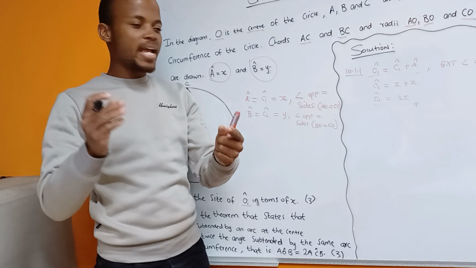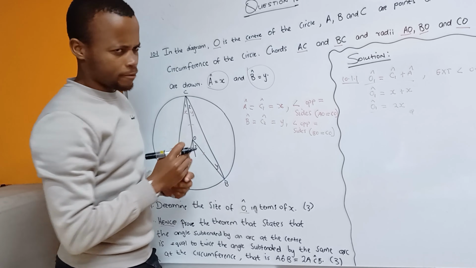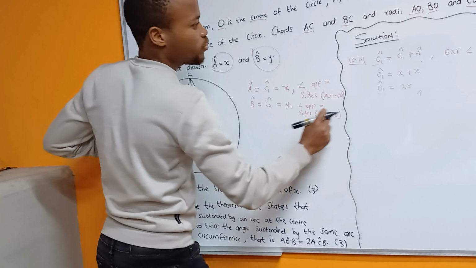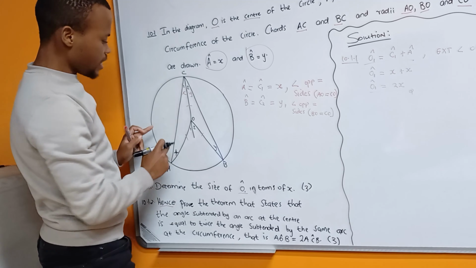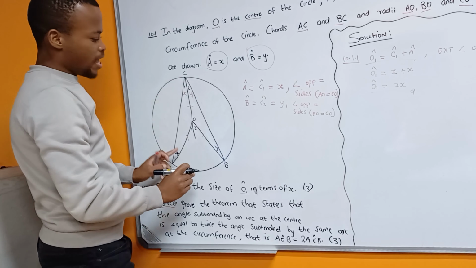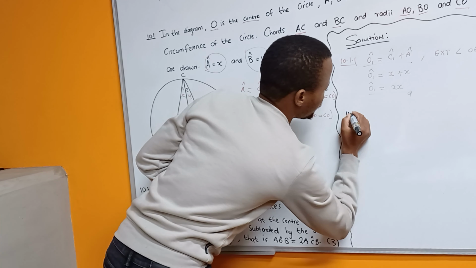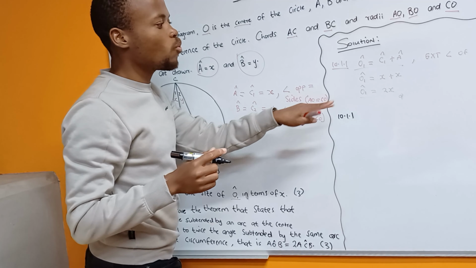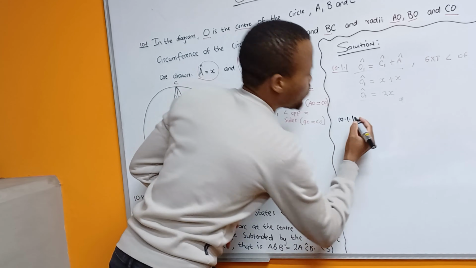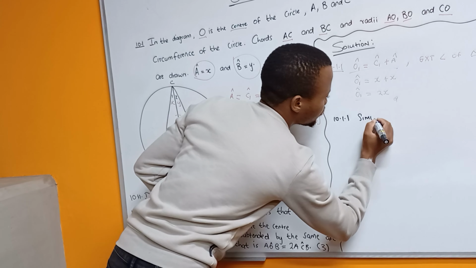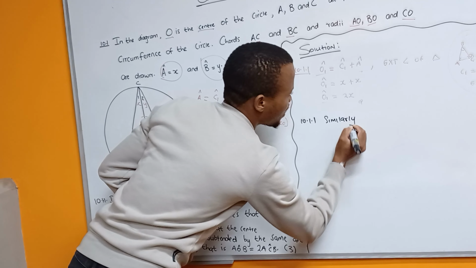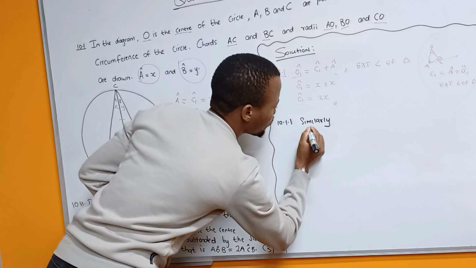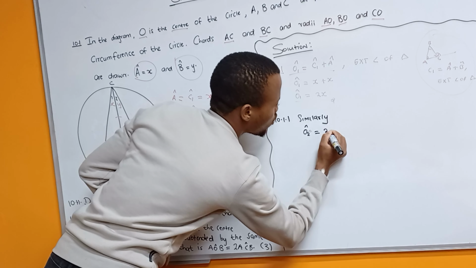How do we prove that? By using this information. Look carefully. I said O1 is equal to 2x, as it's an exterior angle of a triangle. Similarly, angle O2 is equal to 2y.